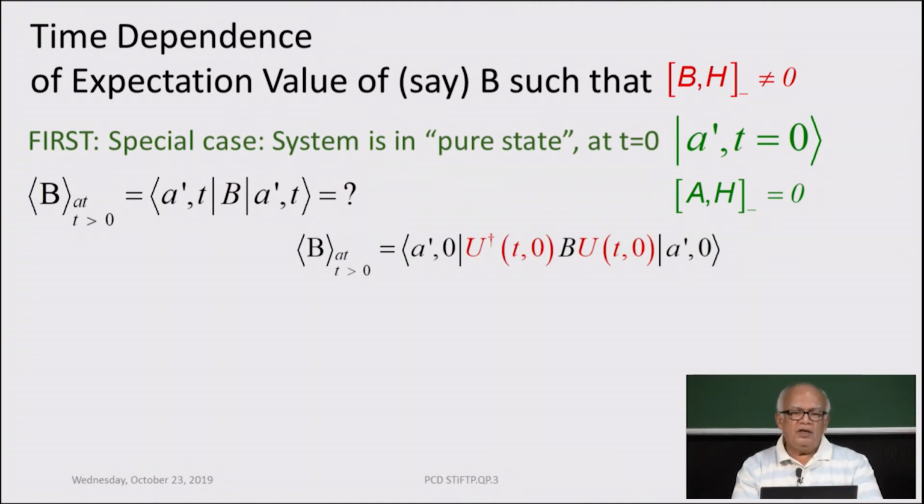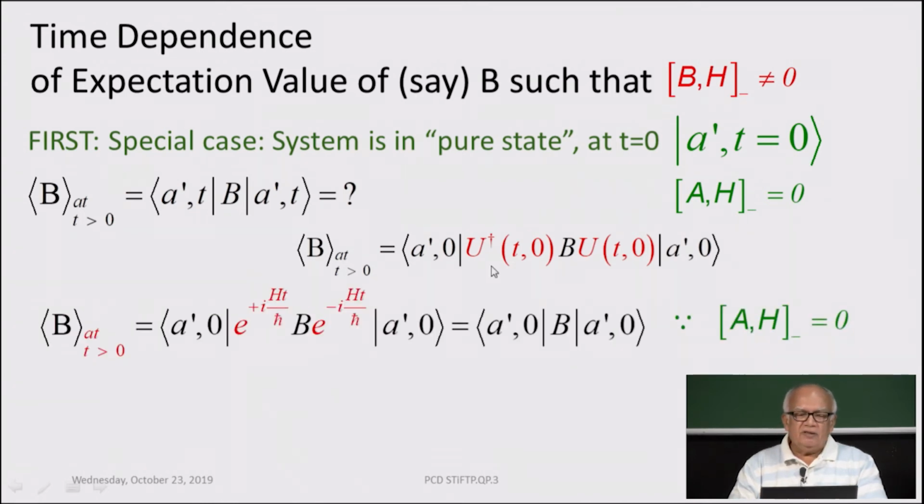So, all you do is put in the state at time t, which can be obtained from the state at time 0 by operating on this state with the time evolution operator. Do this also on the adjoint vector and get the expectation value at a later time. But that is not an issue, because we have got the explicit form for this time evolution operator, which is this exponential operator, right.